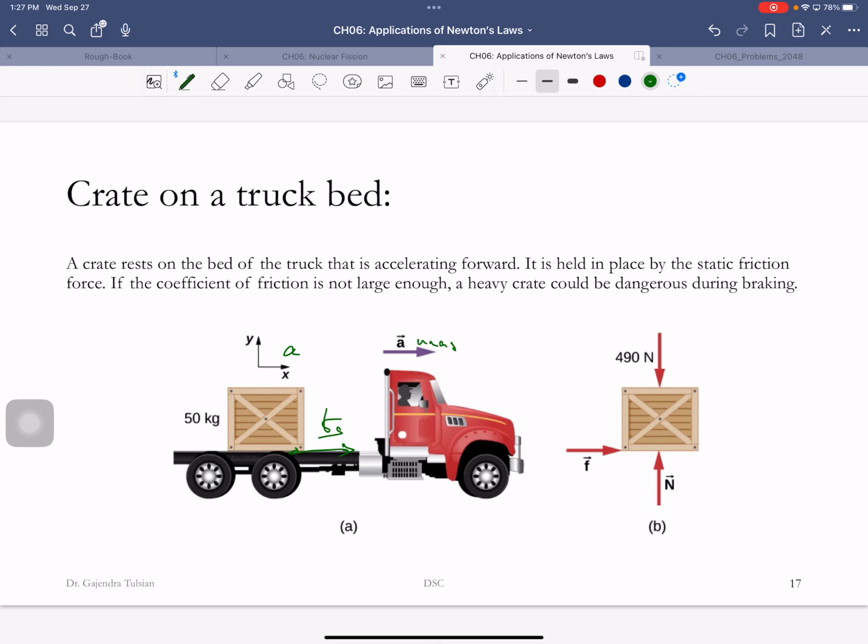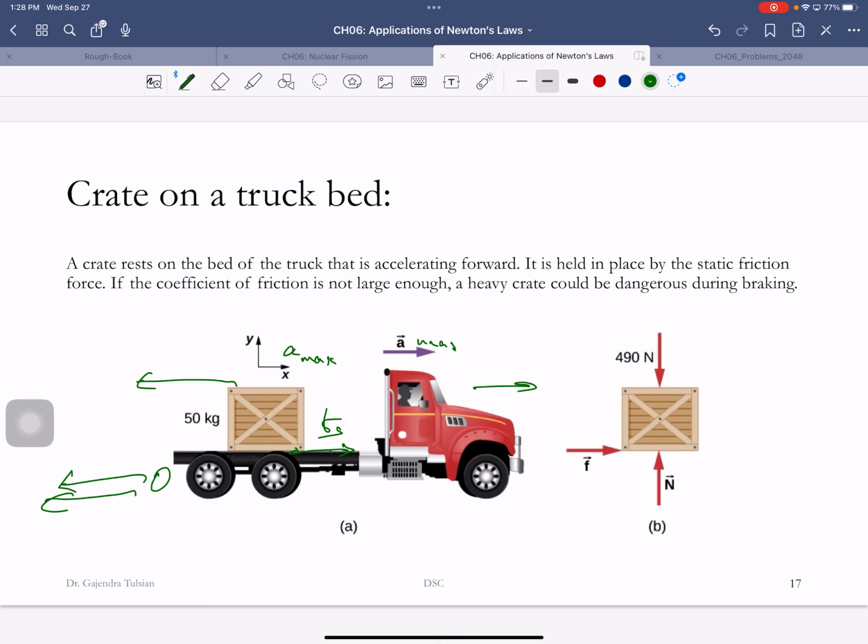If the static friction force is not up to what's needed, you would leave the crate behind. But no engine in a truck has that issue. Of course, if you attach rocket jets to the truck, maybe you might leave the crate behind. So that generally is not an issue.